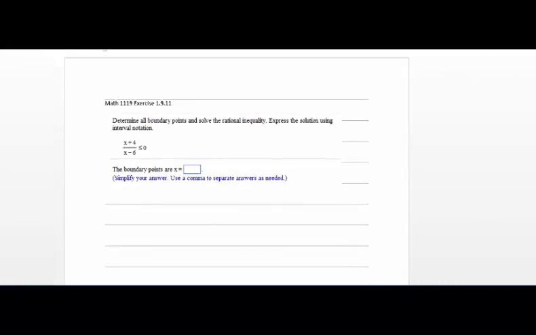First we find our boundary points. We do that by setting the numerator, x plus 4, equal to 0 and solving. We find that x is negative 4.